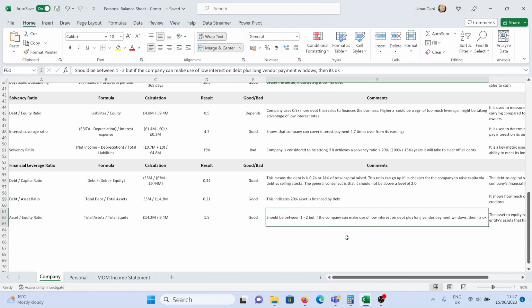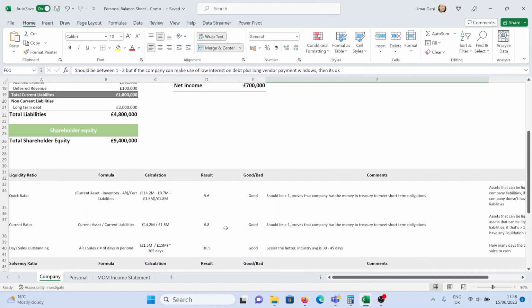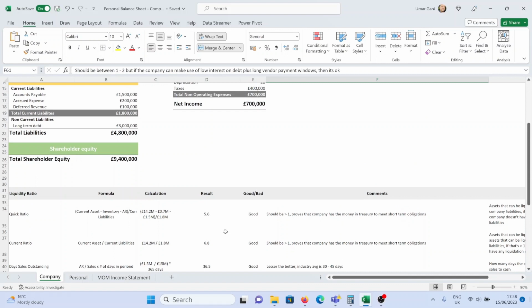So if the company is making use of low interest, raising high debt, that is also fine. Then the value will be slightly higher. So these are the standard financial ratios which every company uses to see how well the company is run, the strength of the financial health within the company.